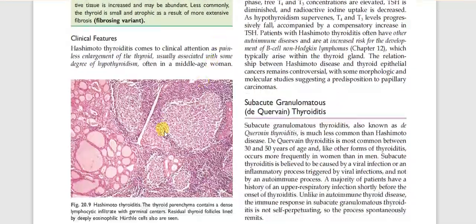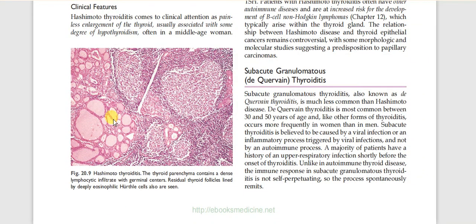Due to autoimmune lesion, here in the diagram you see normal parenchyma of the thyroid gland. This is visible. But here we see the tissue lesion with some areas of necrosis.